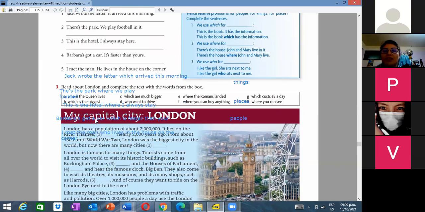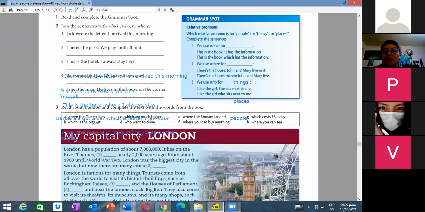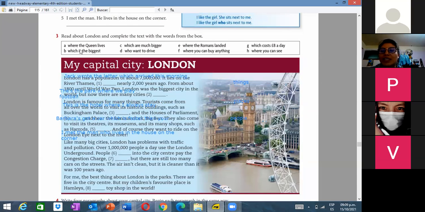Maybe it's not the same, but the idea is that you have to choose the relative again and you have to write in the correct order. Ok, de repente aquí ya está el relative, pero no solo sueltito, ¿no ve? Ya está con algo más, con el complemento. Entonces aquí ustedes tienen que leer más cuidadosamente para determinar qué relative va. Vamos a ver, vamos a ir con el ejemplo.